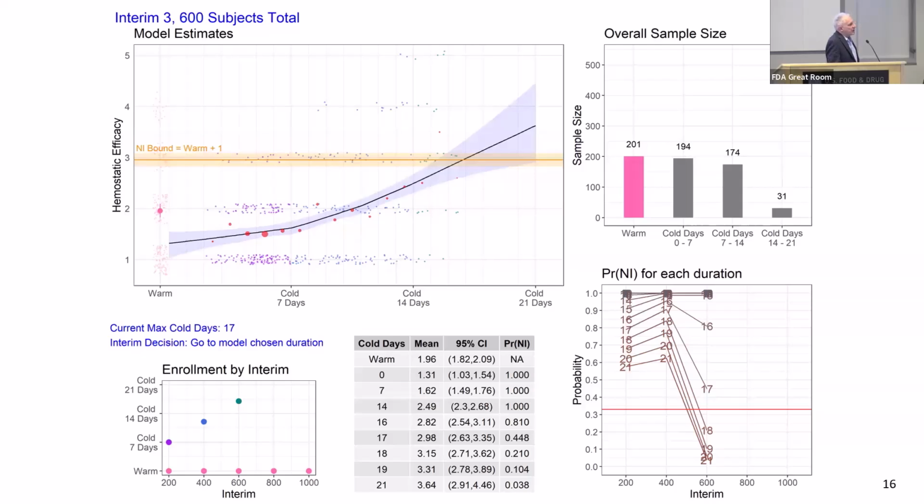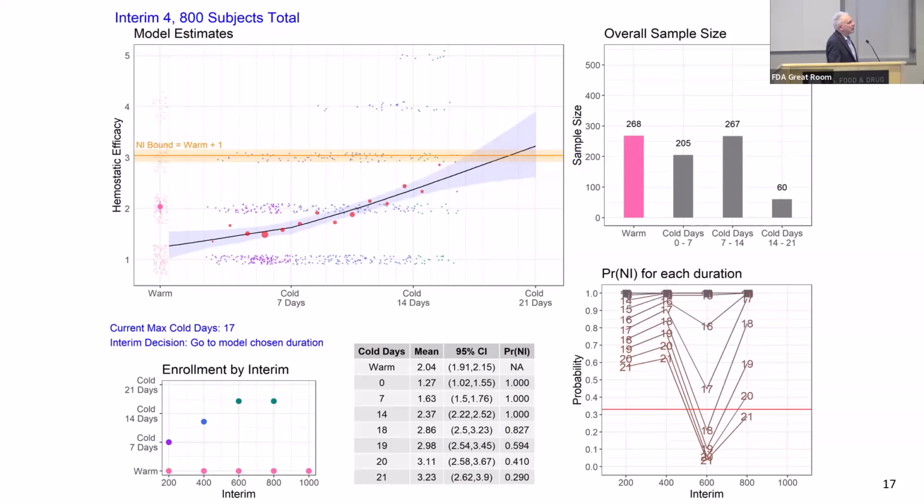So we were studying platelets out to 17 days. The model says you cannot increase the maximum storage duration because 18 days has less than a 1/3 probability of being non-inferior. So we're going to continue with the maximum of 17 days of storage, collect more data.